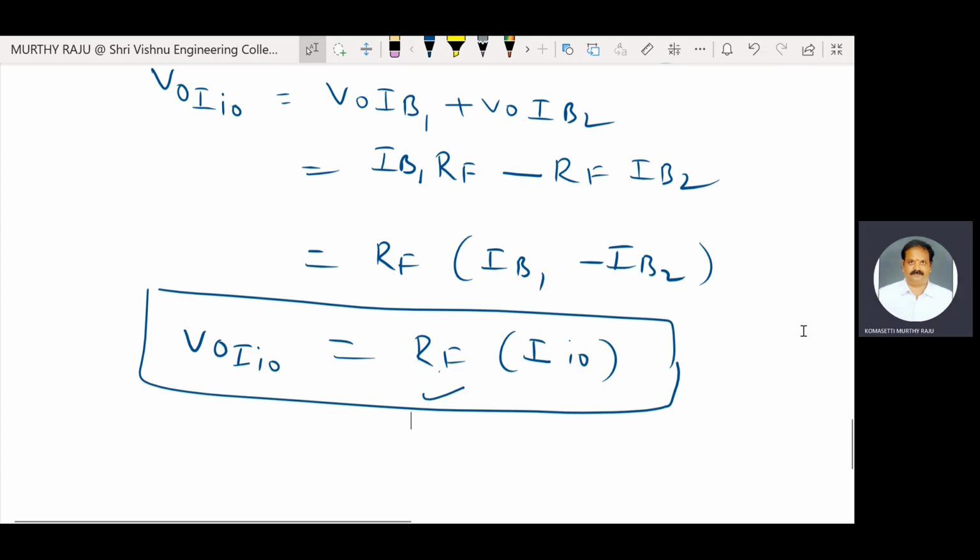The input offset current IIO is due to a mismatch of the two input transistors' bias currents IB1 and IB2. ROM is the resistance connected in series with the non-inverting terminal of the op amp. It is used to eliminate the output offset voltage due to input bias current.